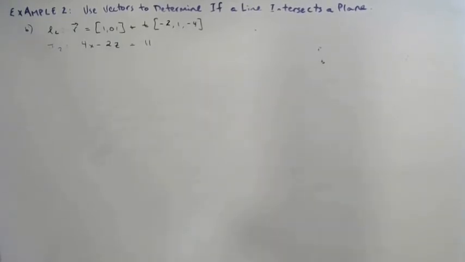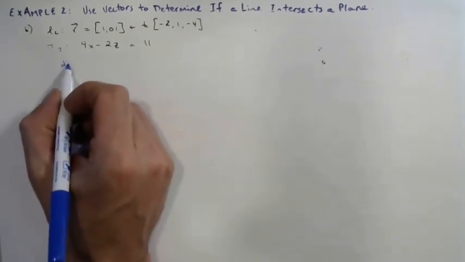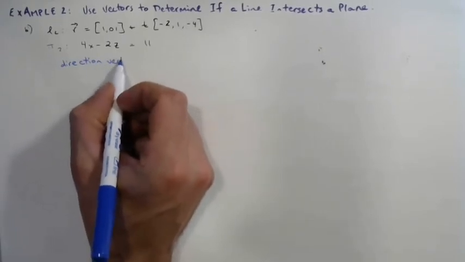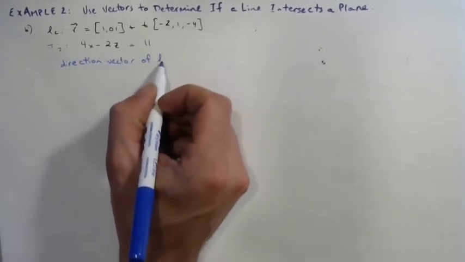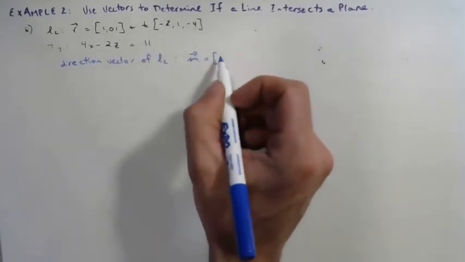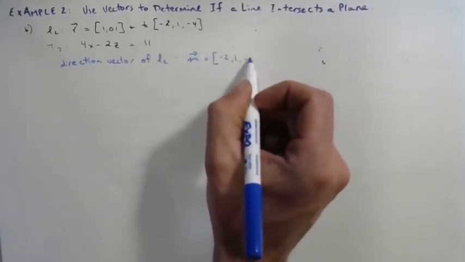And we're going to follow the same process. We're going to get the direction vector of line 2, direction vector of L2, which is m = (-2, 1, -4).